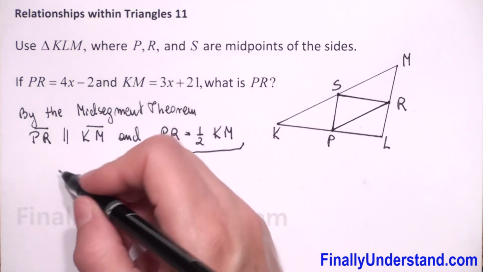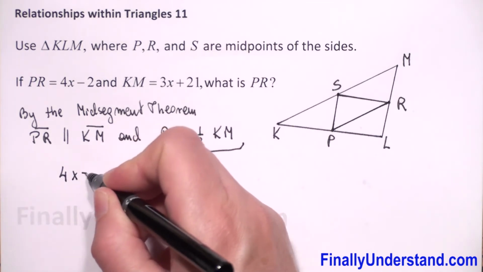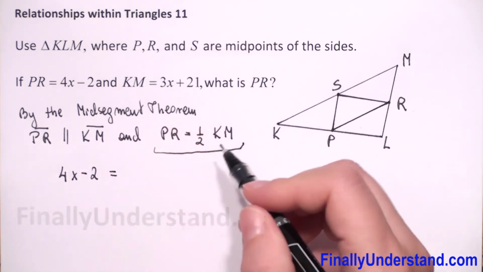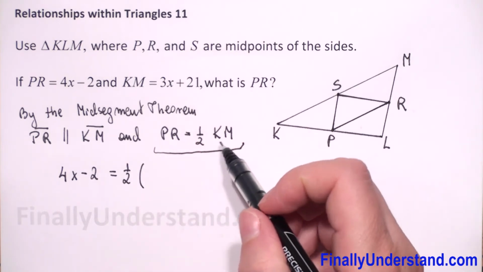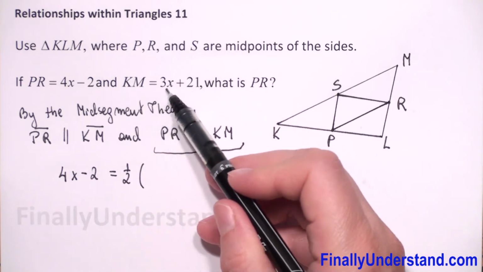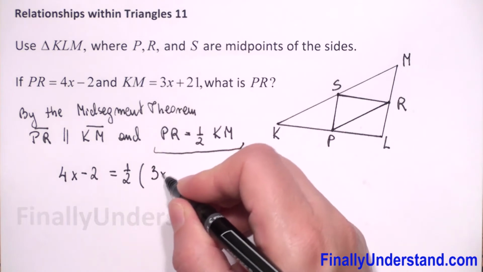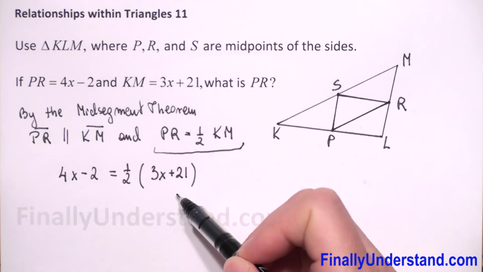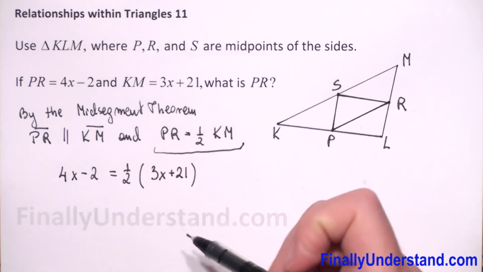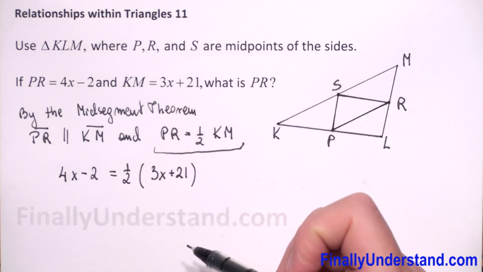We have 4x minus 2 is equal to 1/2, we copy, and in parentheses we put KM, 3x plus 21. We have an equation with one unknown x, so now we have to solve this equation.